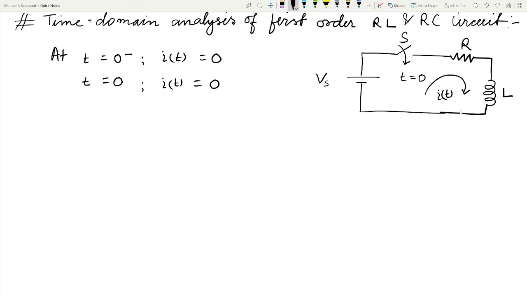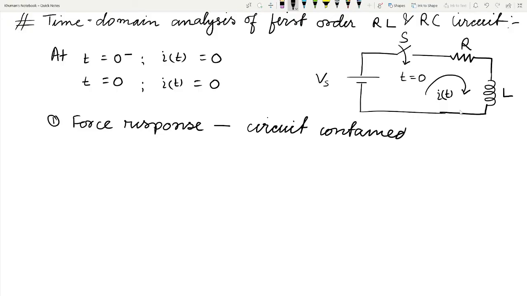Okay, so when we find this response, there will be two types of response. Number one is forced response. The forced response will be available when there is a source in the circuit. Number two, we will get a natural response.